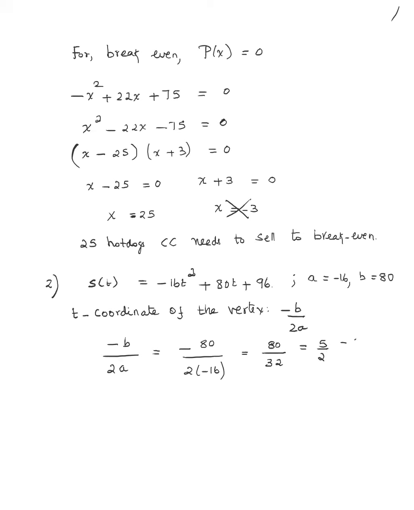So we get 2.5. Now we have to find the height, the y value of the vertex. That means we have to find s of 2.5, so we plug t equals 2.5 into the given equation.